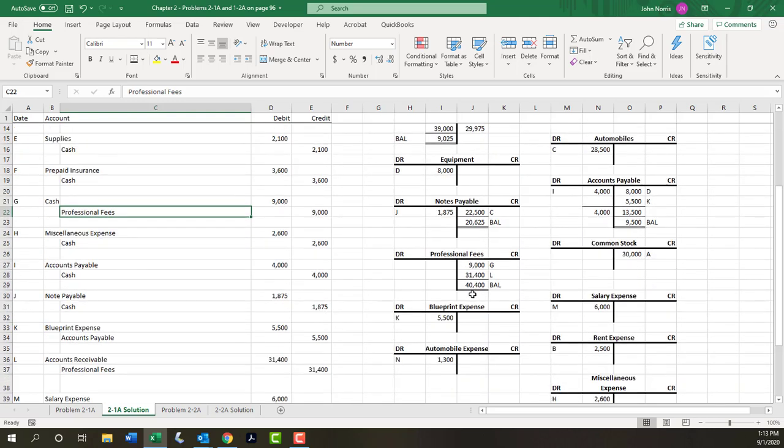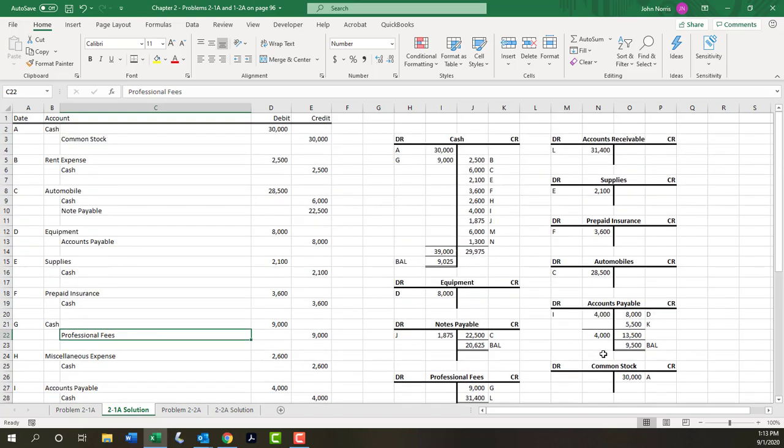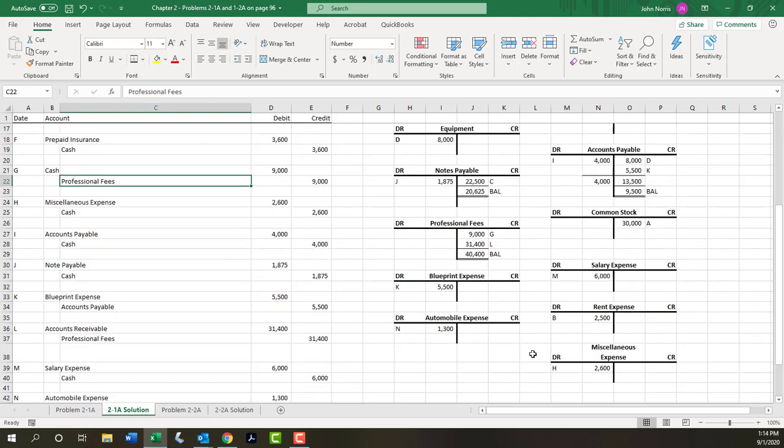And from this, you could start with the professional fees, subtract the salaries, the blueprint, the rent, the automotive, and miscellaneous, and come up with net income. There were no dividends paid, so retained earnings is going to be whatever net income is. And then you have assets of cash, accounts receivable, supplies, prepaid insurance, equipment and automobiles, two liabilities of accounts payable with $9,500 balance and notes payable of $20,625, and then common stock and stockholders' equity along with the retained earnings would balance out the balance sheet.